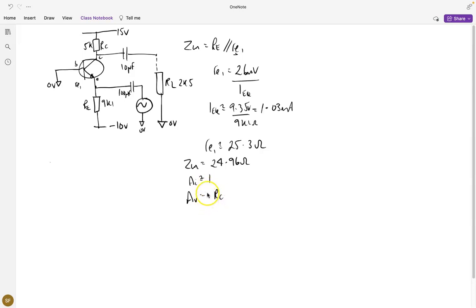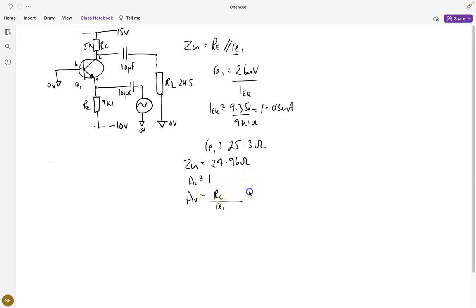If IEQ and ICQ are approximately the same, then this would be times ICQ, so we can cancel that with the IEQ that's on the bottom. And we can also say that rather than putting RE in parallel with RE1 here, we can just say, well, this is RE1, and this gives us our voltage gain equation.